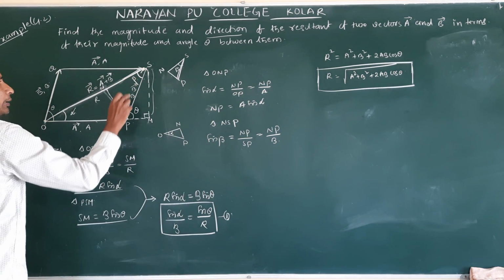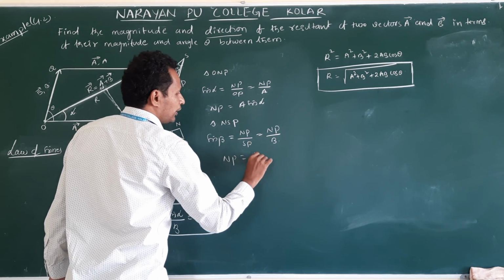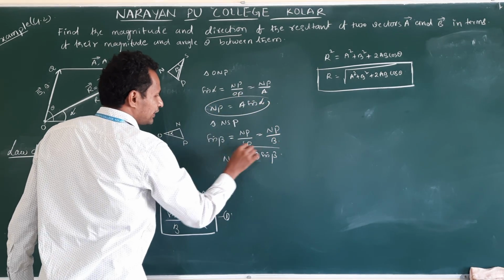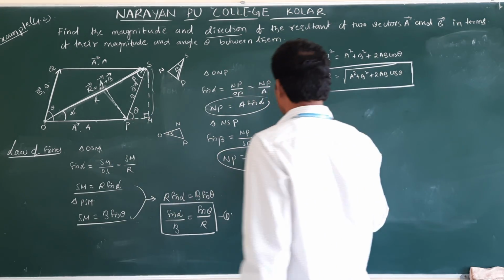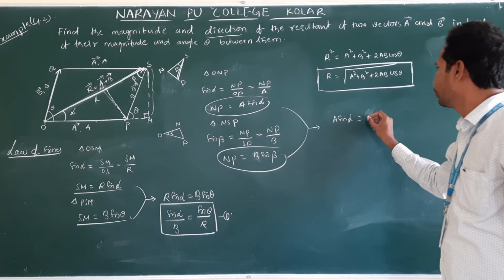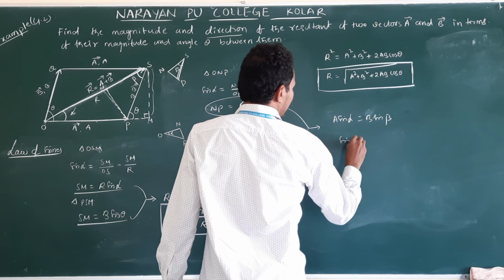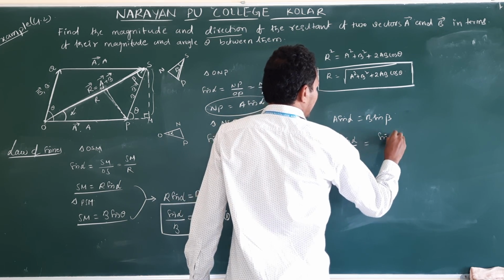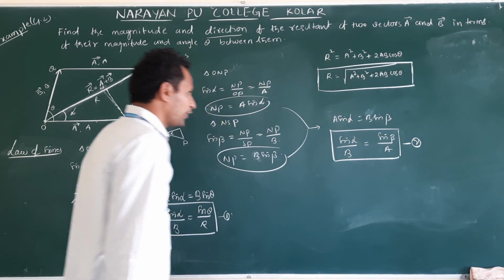SP represents B. Then NP is equal to B sin beta. This NP is the same in both, so equate these two. A sin alpha is equal to B sin beta. Then we can write sin alpha by B is equal to sin beta by A. This is equation 2.